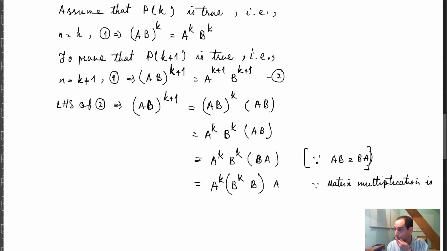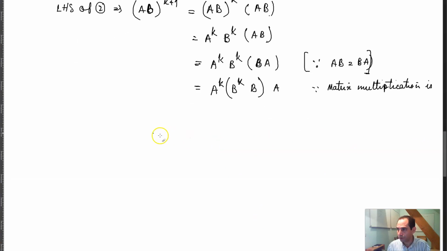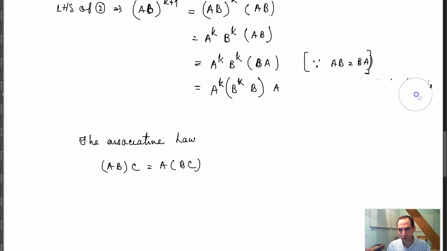There were a couple of properties of multiplication of matrices, and we said that matrix multiplication is associative, meaning the associative law: AB times C is equal to A times BC. That is called the associative law.